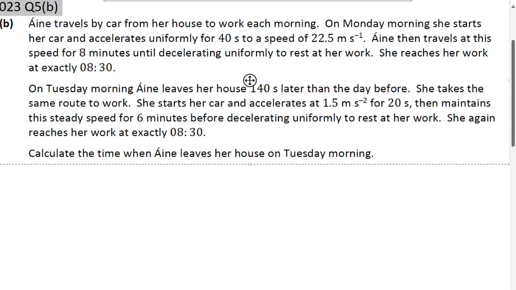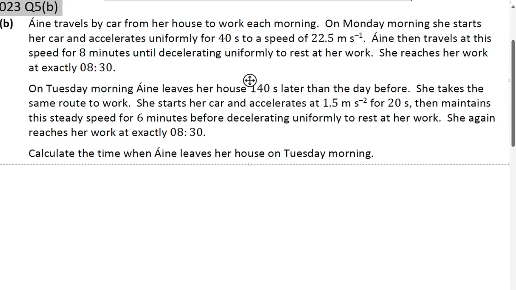Now, with these uniform accelerated motion questions, we have our equations from our tables, page 50 exactly.